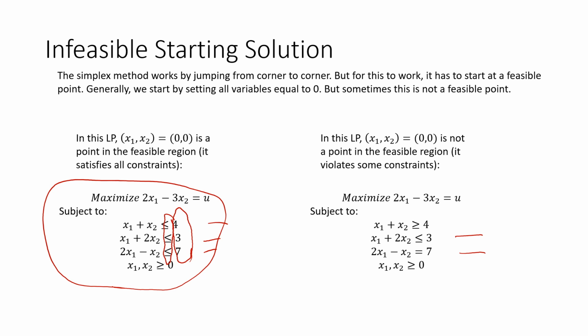In those cases, if you look at this example, you can see the point 0, 0 is not in the feasible region. It's violating constraints. So in order to apply the simplex method in this case, we first have to find a point that's in the feasible region. And that's where introducing artificial variables gives us that starting point.